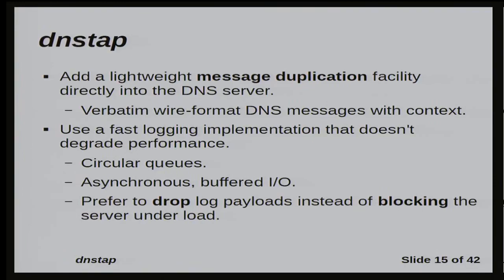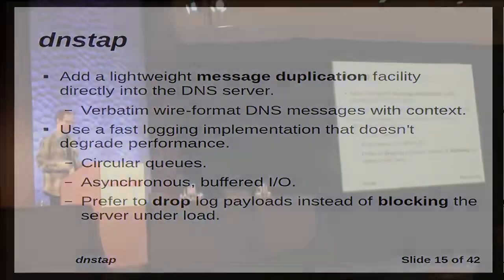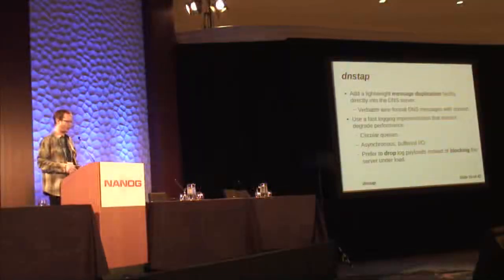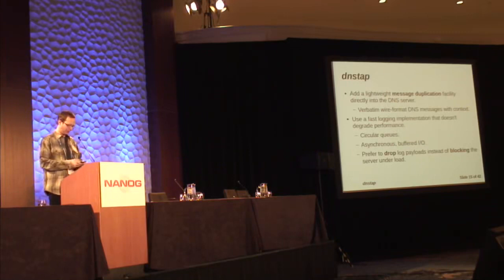And we're going to prefer to drop logging payloads instead of blocking the server if we're under high load and have an excessive amount of work to do, as compared to a synchronous system where that can potentially block the server from making progress.